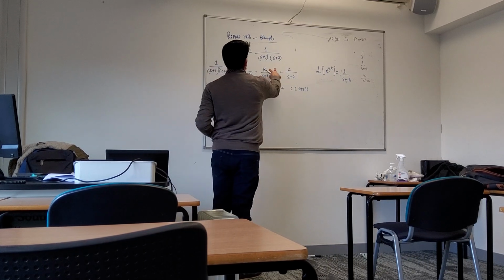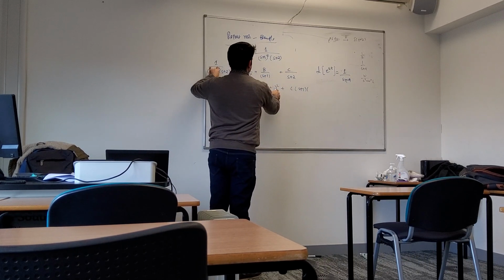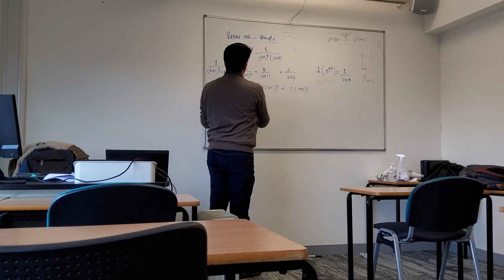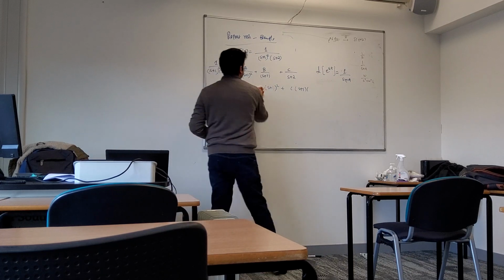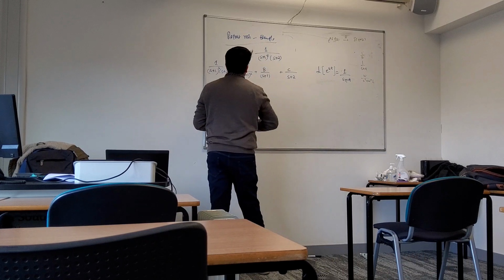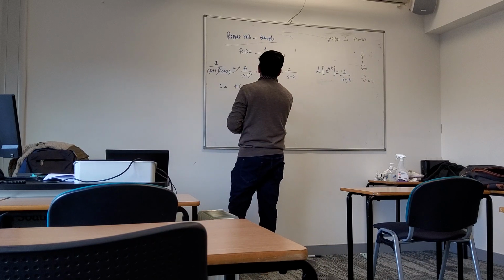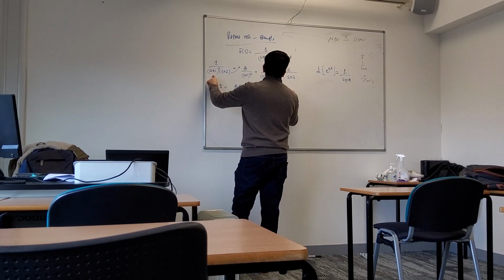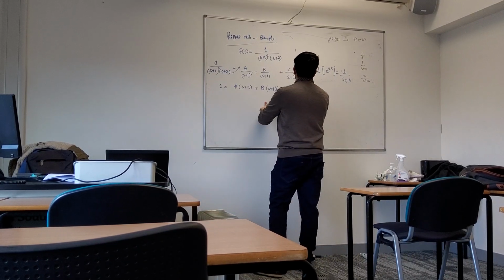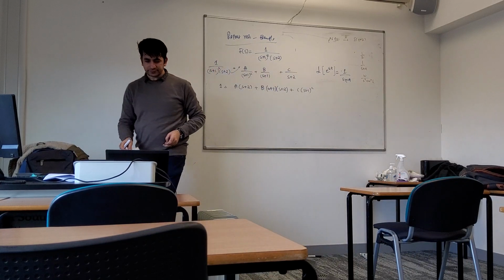Similarly, here it will go on the top. So here, b into s plus 1 would be cancelled, and the second would remain here. I think here was a mistake. Then c into s plus 1 square, right? That's correct.